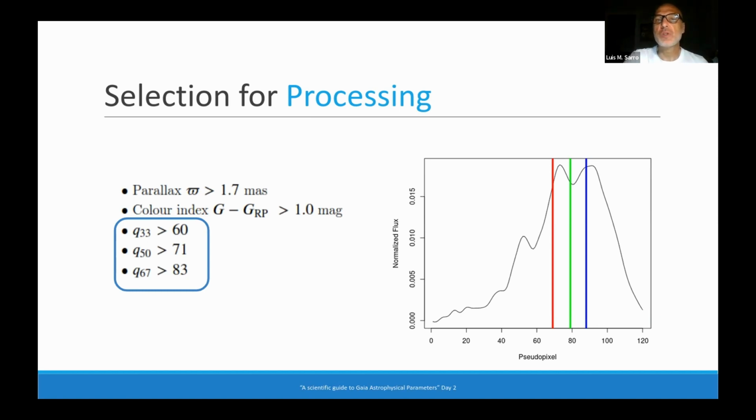So these are the sources that we select in order to produce astrophysical parameters, okay? But it doesn't mean that all these sources that fulfill these criteria are actually UCDs, but this is a first selection to make the data processing manageable.